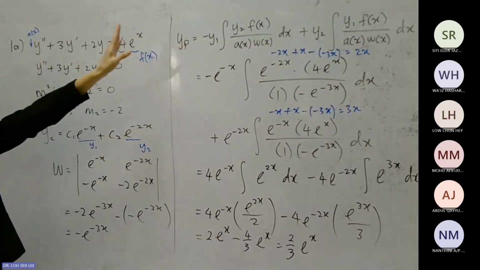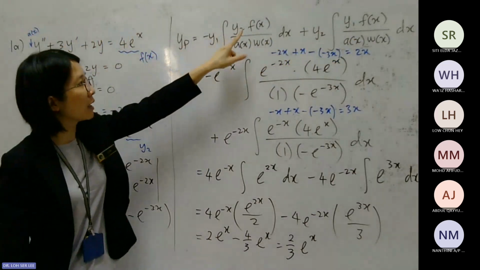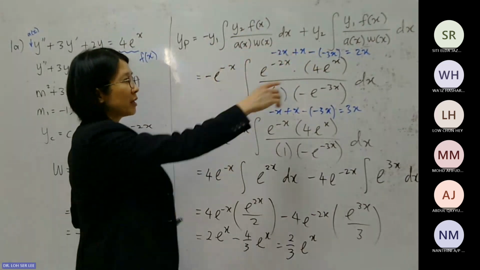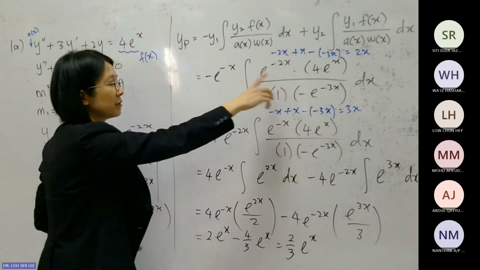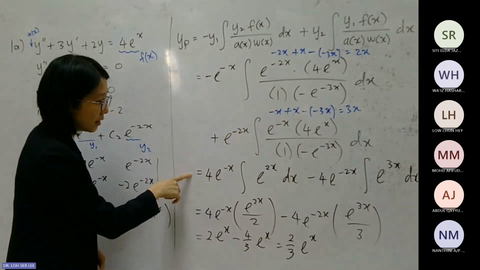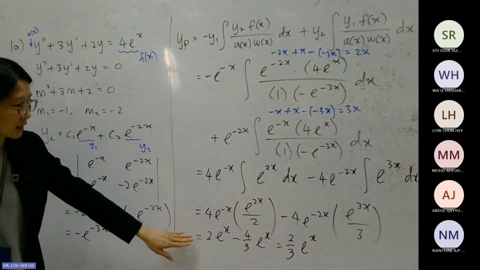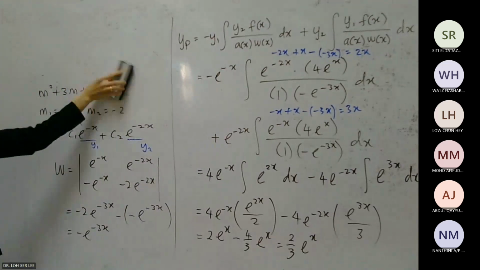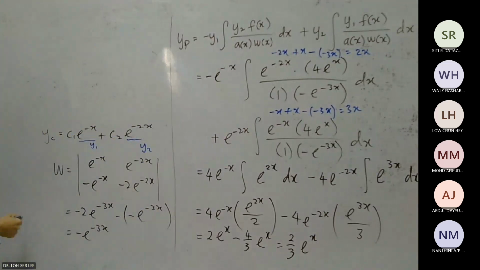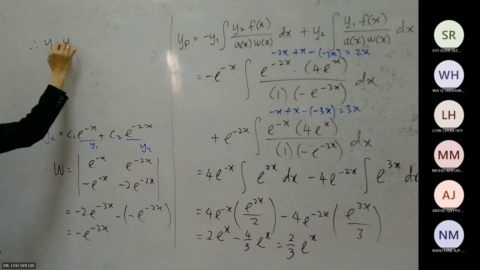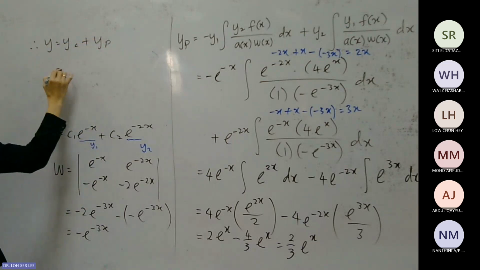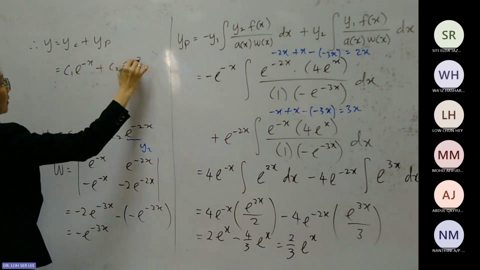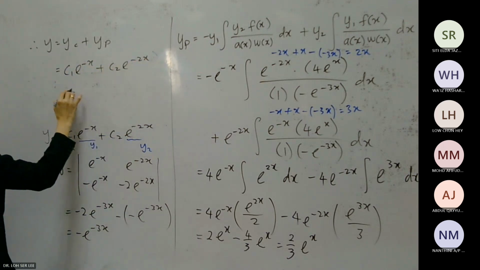So you just substitute all the y1, y2, f(x), a(x) and W(x) into the formula. Before you integrate, simplify first. Then only you start to integrate. When you get a yp, combine to your yc: yc plus yp.